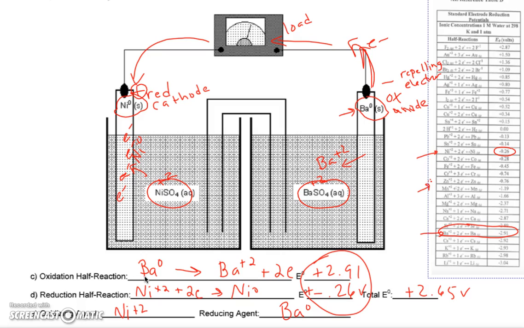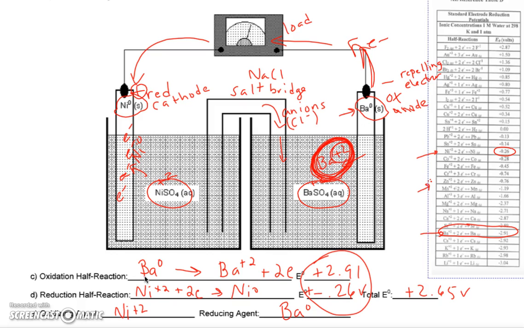All right, let's see, what else do we need to label? We need to label the flow of the salt in the salt bridge. This is what we call the salt bridge. This is what completes the circuit. And what will happen is, because this solution here is getting more and more positive, if we use the sodium chloride salt bridge like we did in class, then the anions, in this case the chloride ions, will migrate here to counterbalance those positive ions.